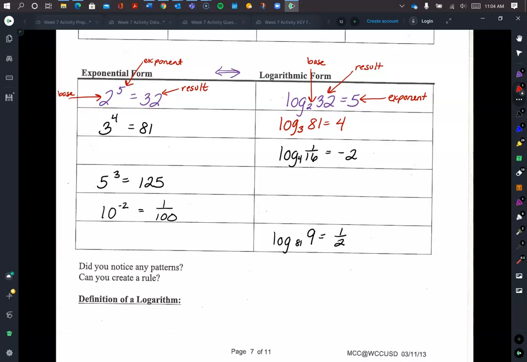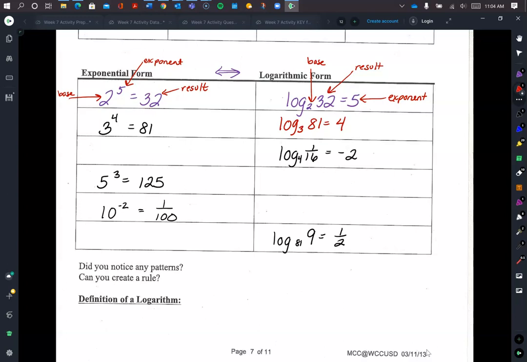So now we're going to go the other direction and look at this one. Log base 4 of 1/16 equals -2. So the first thing we need to do is think about how that would present. What is my base?